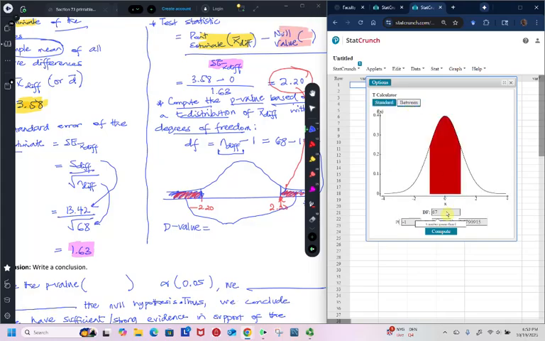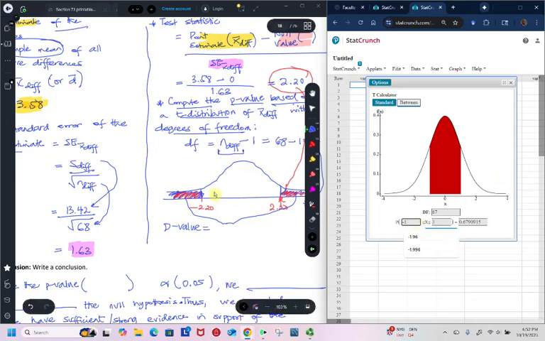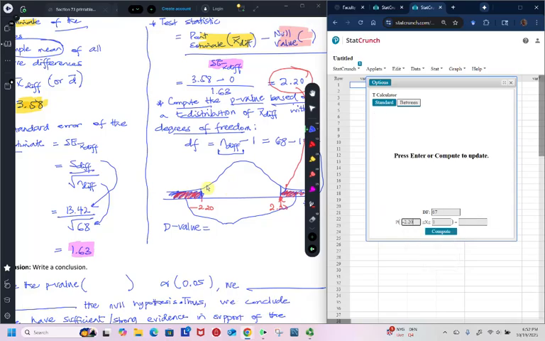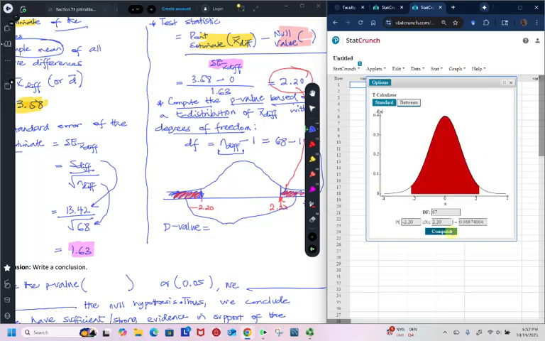So I would like to look at the area between negative 2.20 and positive 2.20 and compute that probability. I have 0.9687. That is the area in between. So if I want the two extreme tails, total probability is always equal to 1. So 1 minus the total area in between will give me the p-value I want.